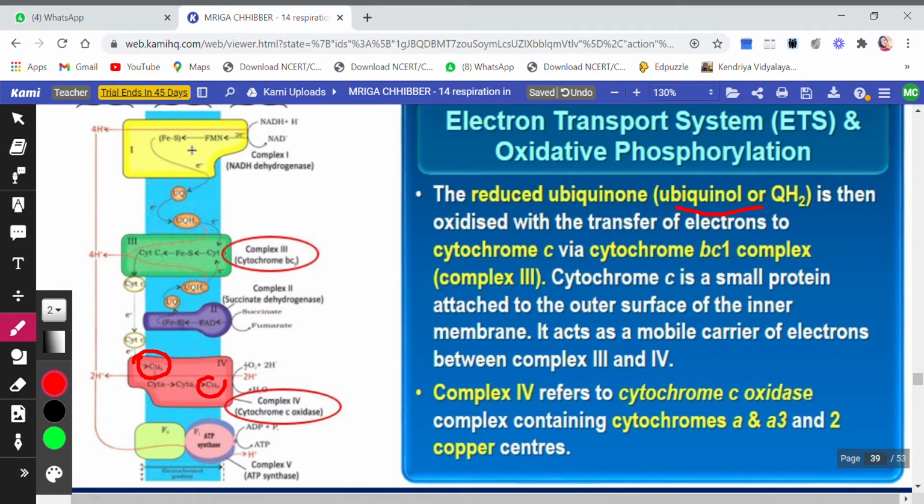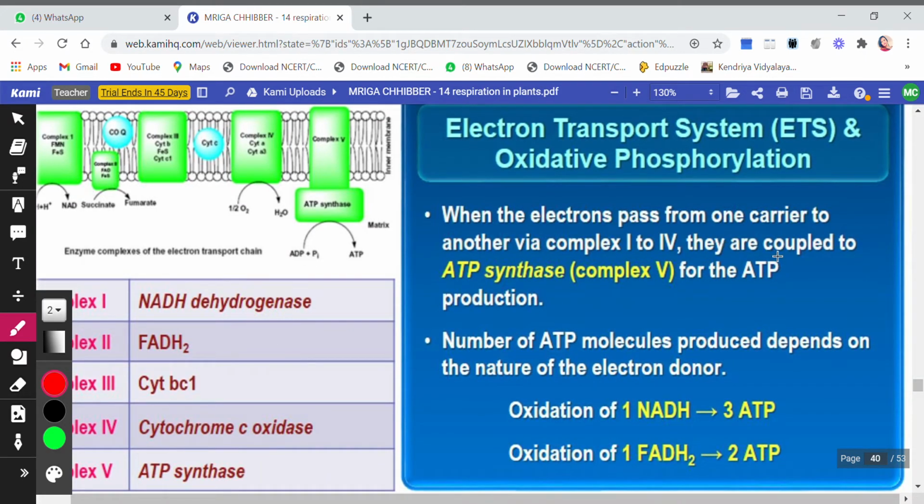So when electrons are passing from one complex to the second, then to the third, and then to the fourth, they are coupled to ATP synthase, that is complex 5, for ATP production. See, these are the various complexes.